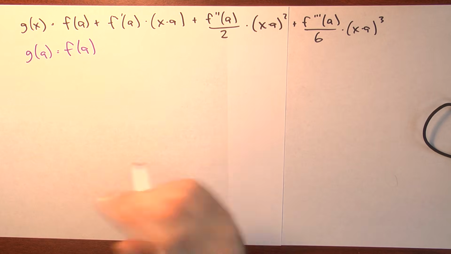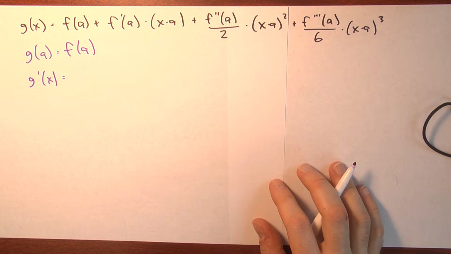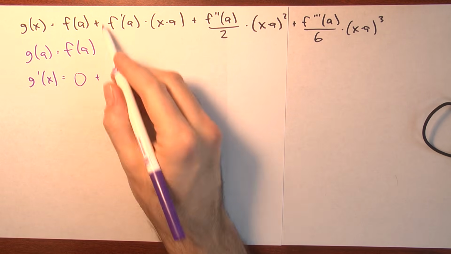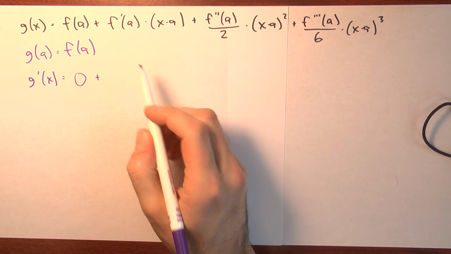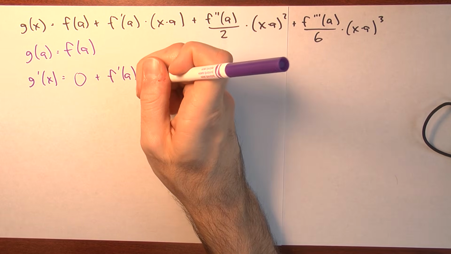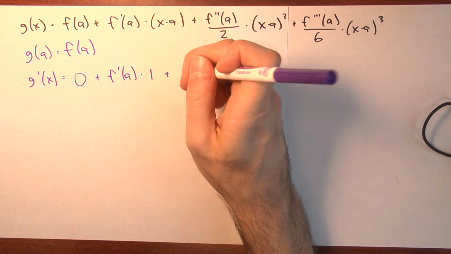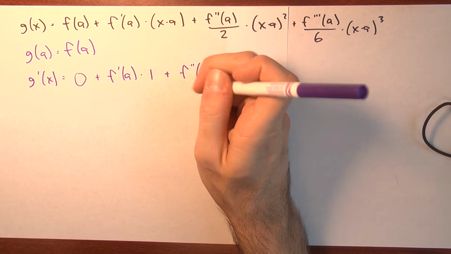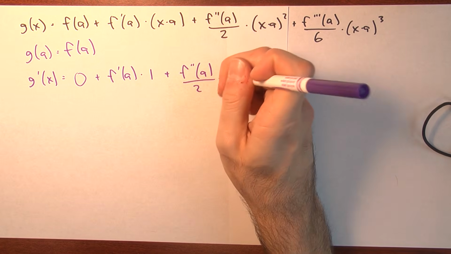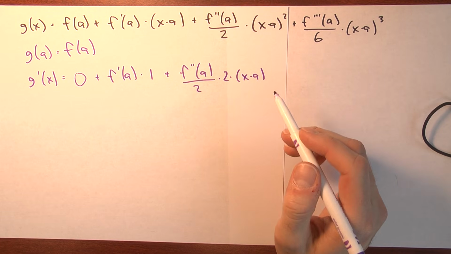Now, let's try differentiating. What's the derivative of g? To differentiate g, I just have to differentiate this. The derivative of this constant is 0. The derivative of this constant times x minus a is the constant f prime of a times the derivative of x minus a, which is 1, plus the derivative of this term: the constant f double prime at a divided by 2 times the derivative of x minus a squared, which is 2 times x minus a times the derivative of the inside, which is just 1.